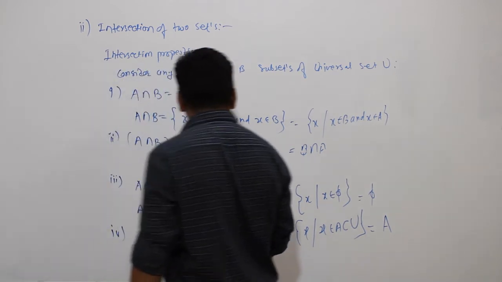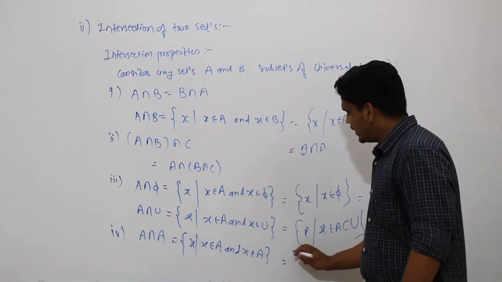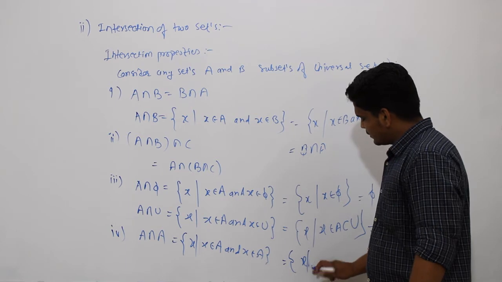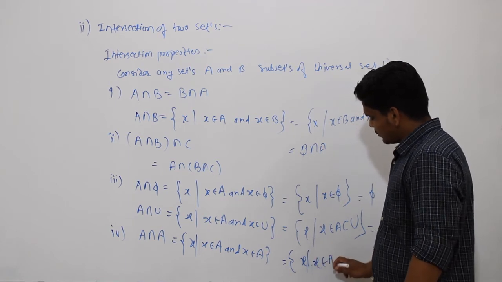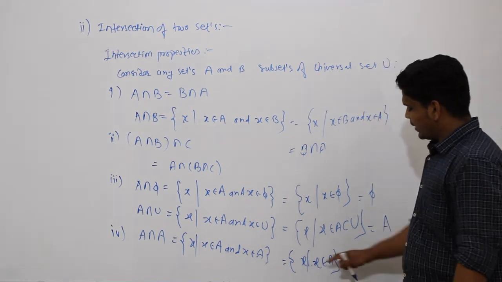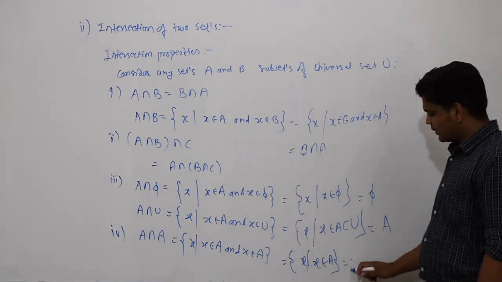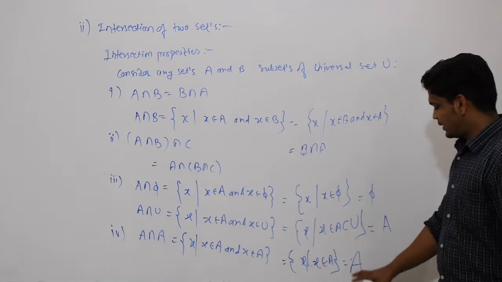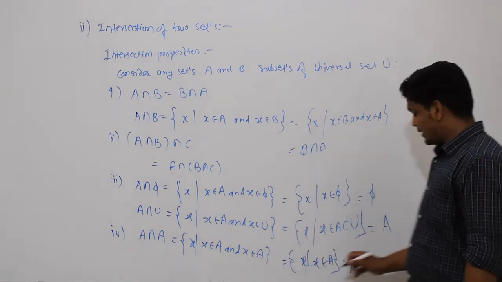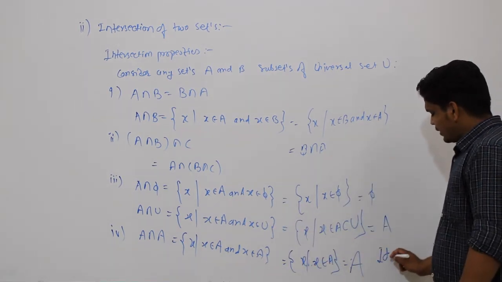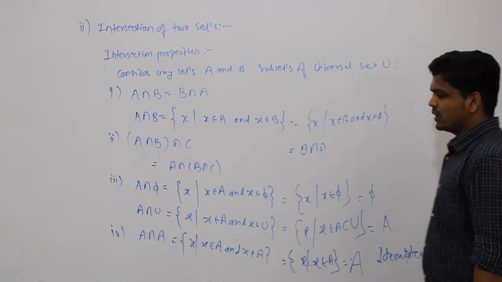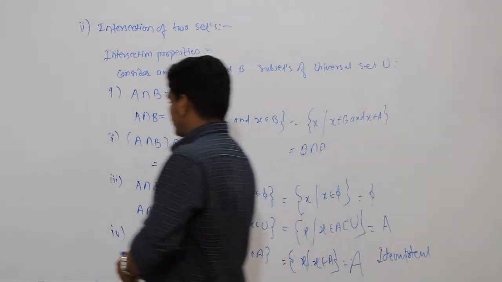Means you will take elements of A and A, means you will take only elements of A. X such that x belong to A. But the elements x such that x belong to A is nothing but set A. Okay? Means your A intersection A is A. Means your intersection is idempotent. Right? Idempotent. Okay? This was your fourth property.